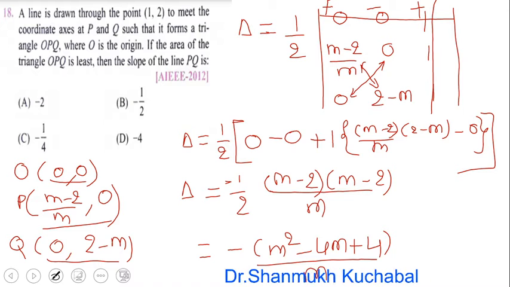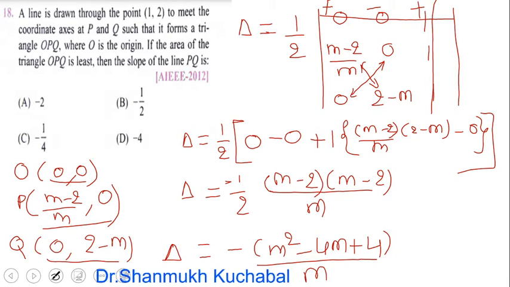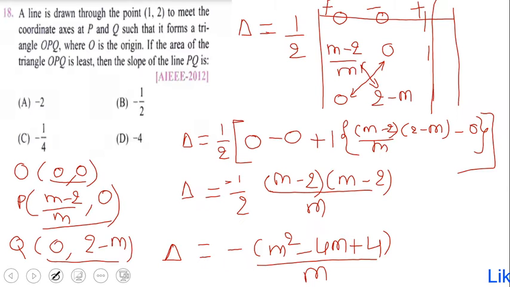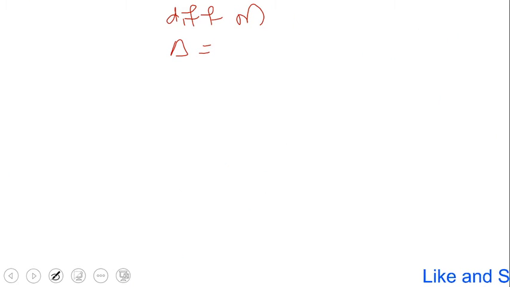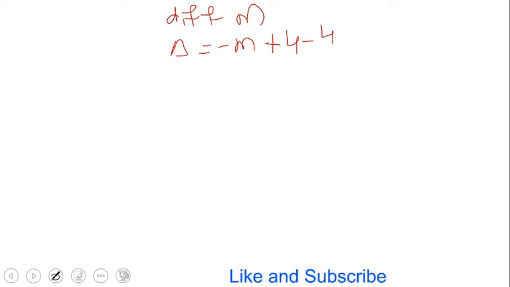Then we have to differentiate this with respect to m. So for our delta, we will divide each term by m: minus m plus 4 minus 4 by m.